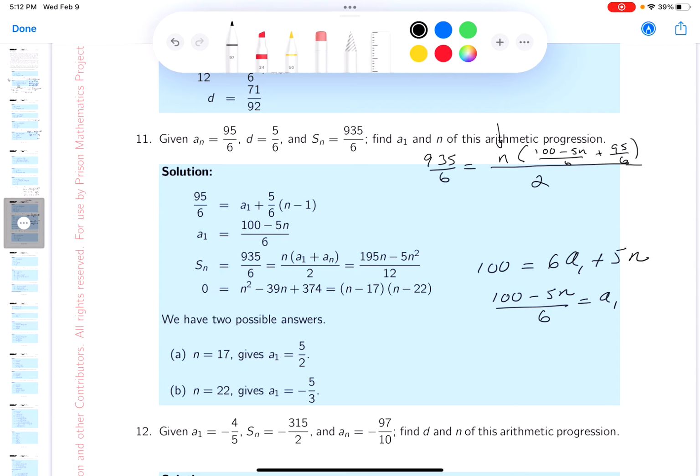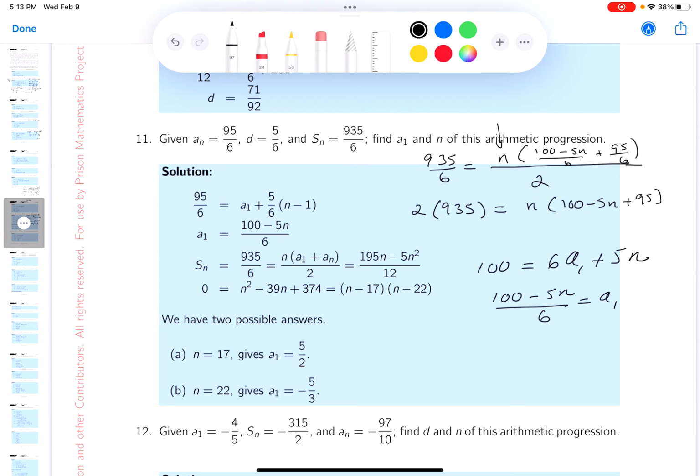All right, let me just start doing some work over here. I'm going to multiply both sides by 6 initially, and you're going to get 935. You know what? I'm also going to multiply not only by 6, but by 2. And what would you get over here? You would get n. Multiplying by 2 clears the fraction off, and the 6 because of those two terms on the inside there. And that's going to give you 100 minus 5n plus 95.